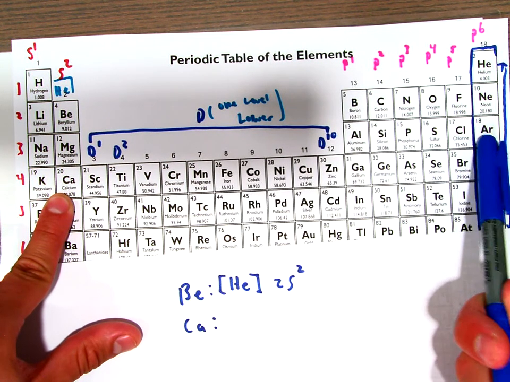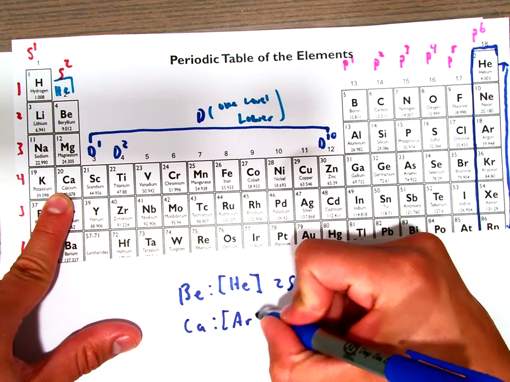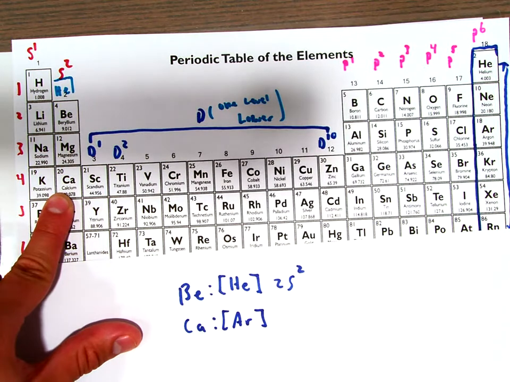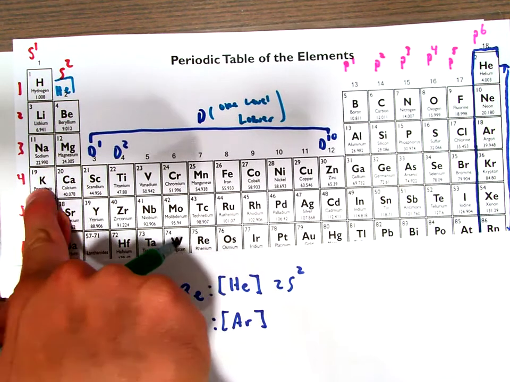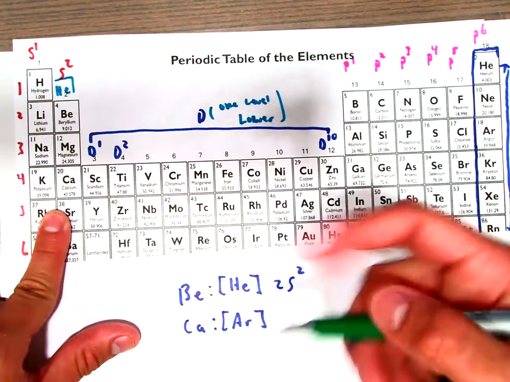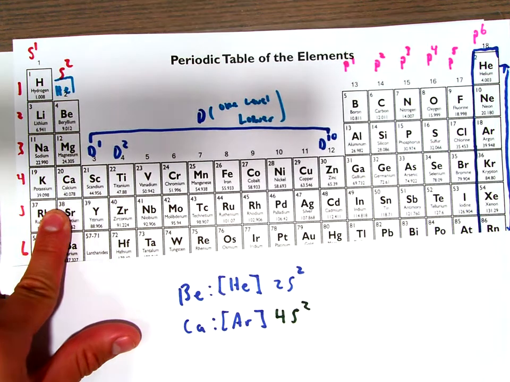It's argon, so I put argon. Then I just start from there. From here I go down to here: 4s1, 4s2. Then I'm done. That's it.